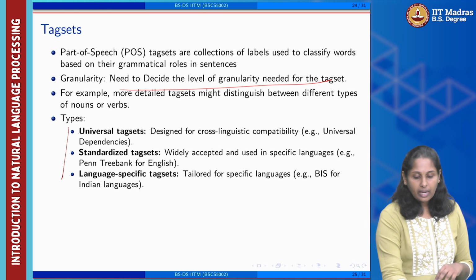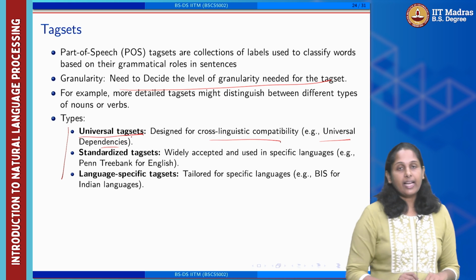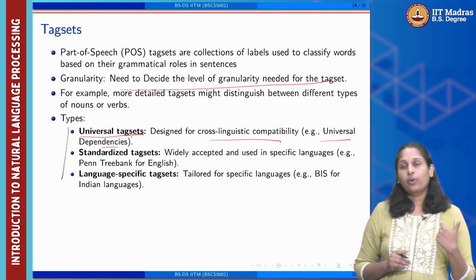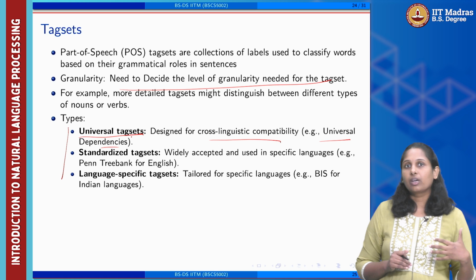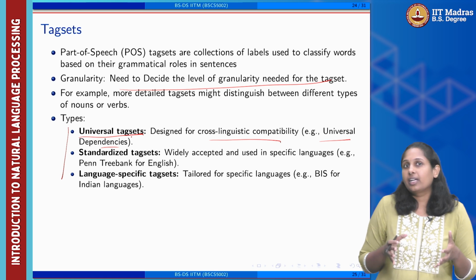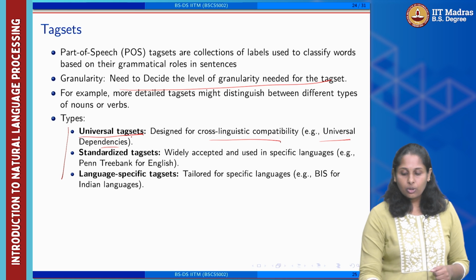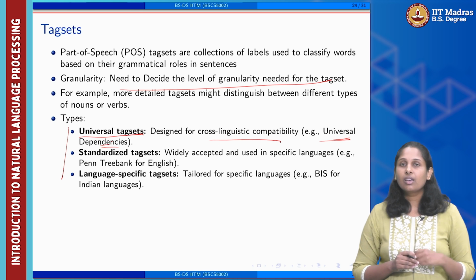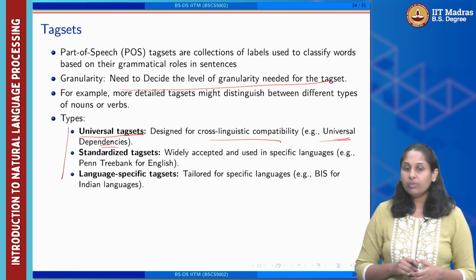One is the universal tag set. Universal tag sets are designed for cross-linguistic compatibility, not taking only one language into picture, but looking at multiple languages and trying to find the common categories. Universal dependencies uses this universal tag set, which was adopted from Google.